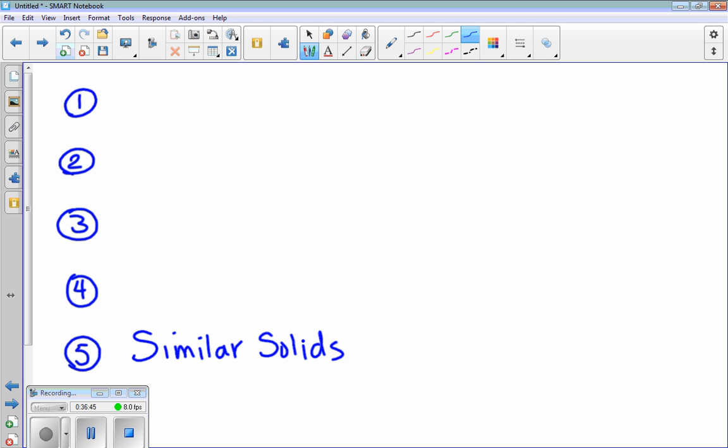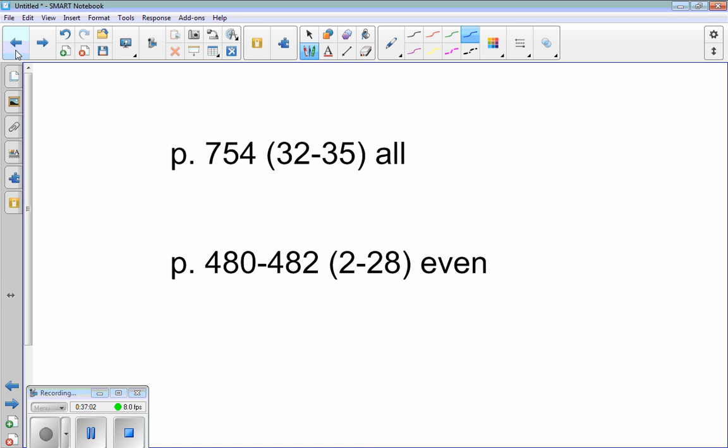So you're going to have a whole section of your test that's just going to be on similar solids. That's where you have the ratio of the sides, the ratio of the areas, and the ratio of the volumes. And those first few problems on the review that I put up here are on similar solids. So you should work on that.